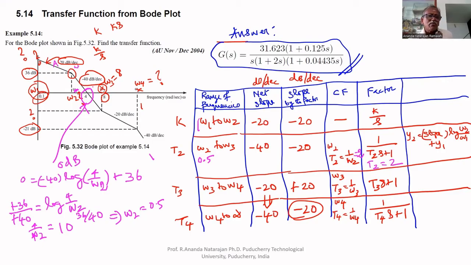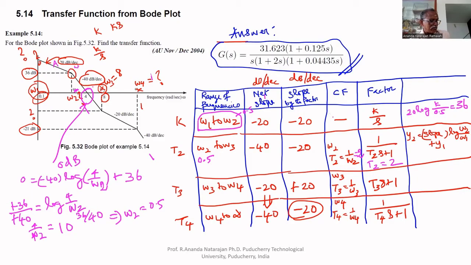Now, this slope is up to omega 2. Now we know omega 2 is 0.5 and the magnitude also we know. Therefore, for this we can write 20 log k by omega 2, that is omega 2 is 0.5, equal to 36.